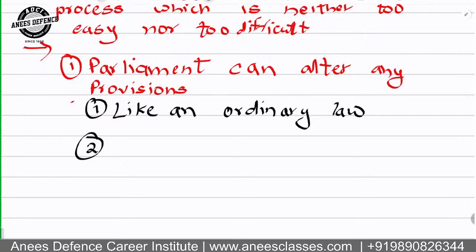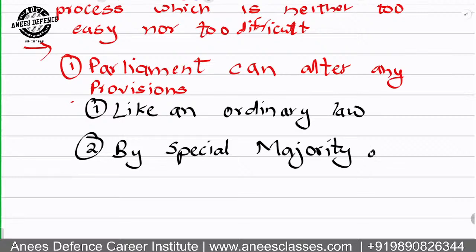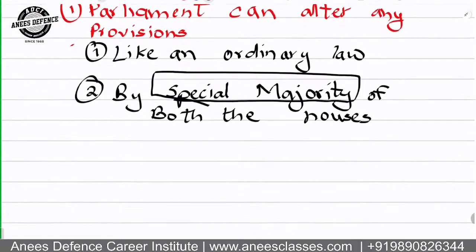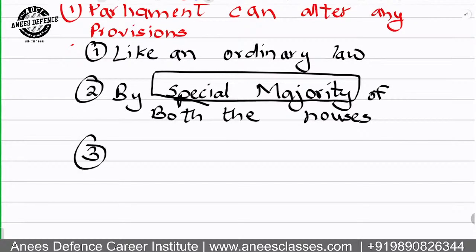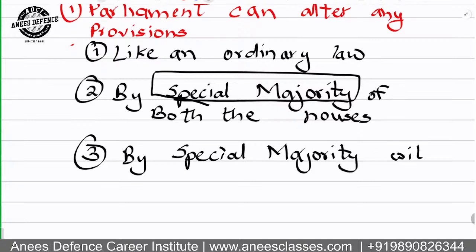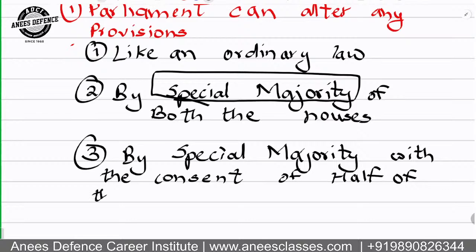Second is by special majority of both the houses. Now, what all these terms are, we will see in the coming lectures. First, just get a brief know-how. Third is by special majority with the consent of the state legislature.